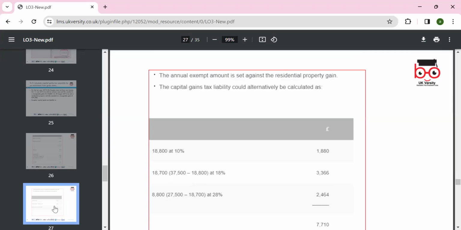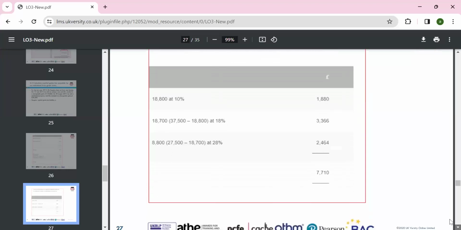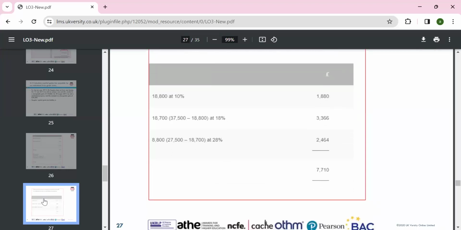Okay. The annual exempt amount is set against the residential property gain, and the capital gains tax liability is identified with alternative calculations. So 18,800 at 10%, and if we take out the 18,800, what limit is left? That's at 18%, and the remaining will be at 28%, according to the rates in the previous years. And we can calculate the tax liabilities.